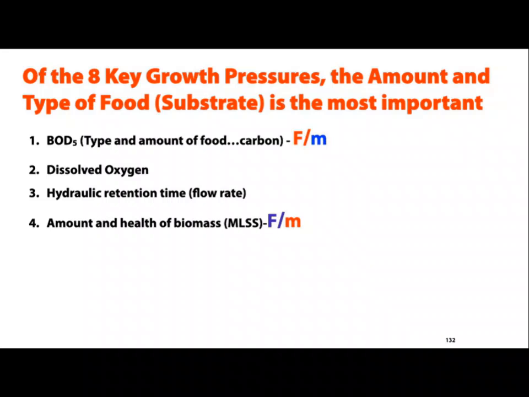In other words, he was locked into, almost by fear of physical punishment, hitting that F to M target, and the mixed liquor was being held at that level. He had F to M calculated to 4 decimal places, but you could see what was happening in the clarifier, right?